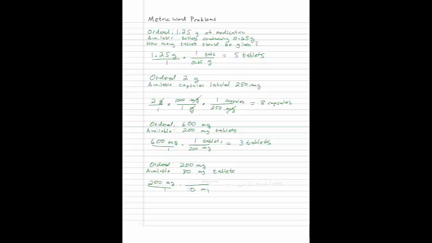And we want to turn milligrams into tablets. So we see 1 tablet is 80 milligrams. And milligrams cancels, so we take 200 divided by 80, which gives us 2.5 tablets.